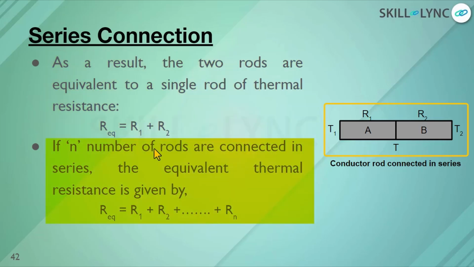If n number of rods are connected in series, the equivalent thermal resistance is given by R equivalent is equal to R1 plus R2 plus R3 plus and so on up to Rn, where Rn is the resistance of the nth rod.